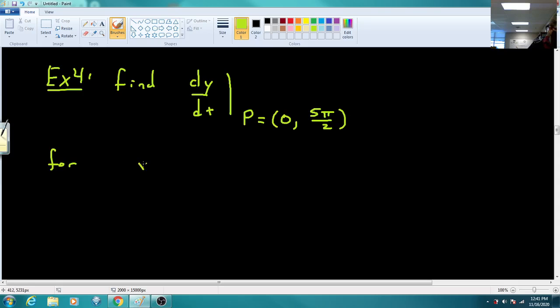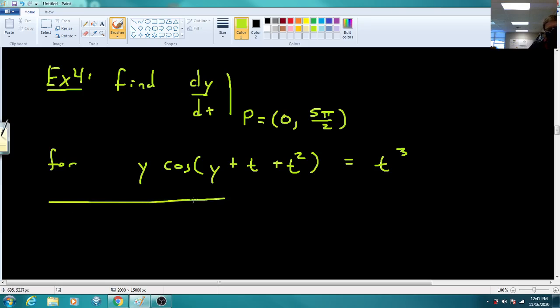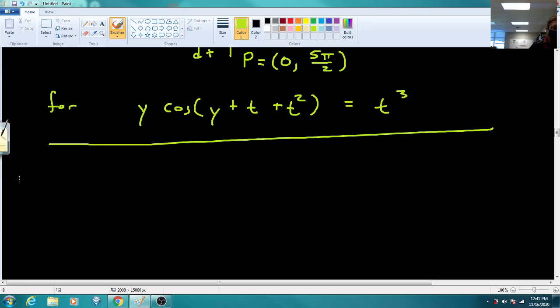We have y cosine of (y plus t) squared equals t cubed. So we're going to start out taking d/dt of both sides.